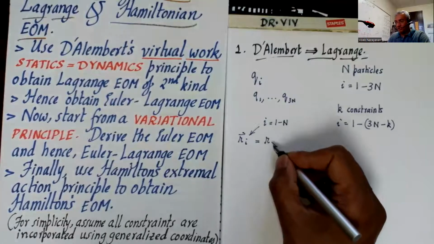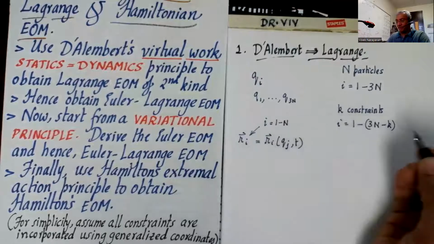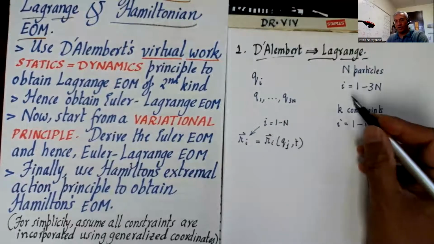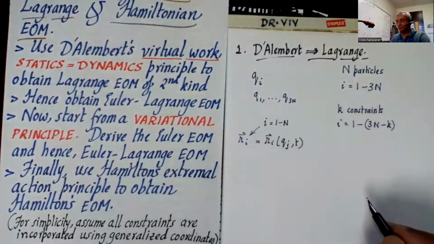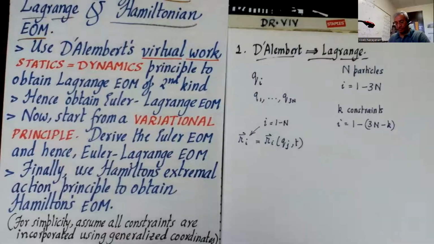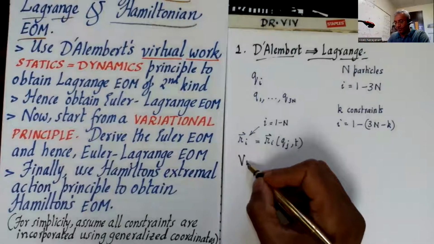This r_i is a function of the q_j and time, where j goes from either 1 to 3n or 1 to 3n minus k. So what we're going to now do is use D'Alembert's principle and create virtual displacements on the position vectors of these n particles.